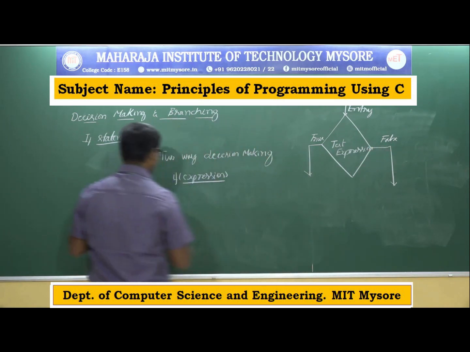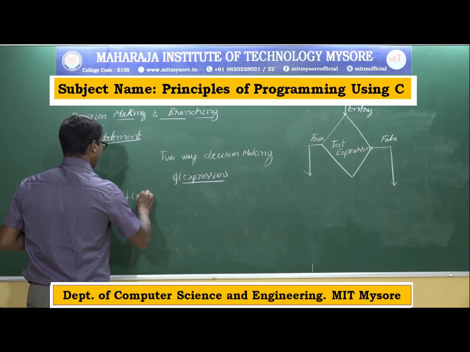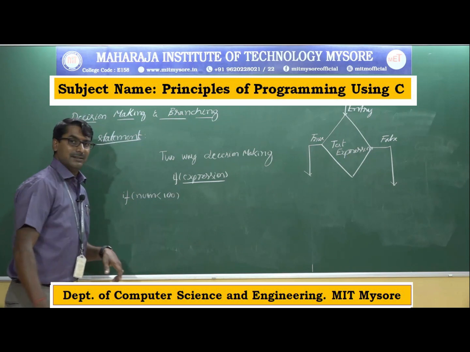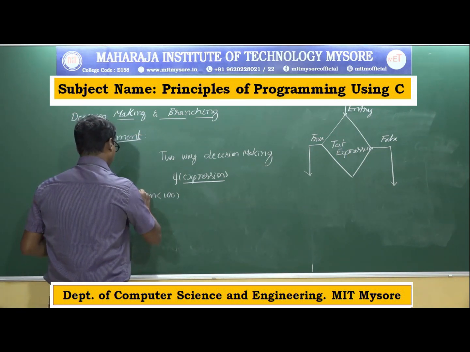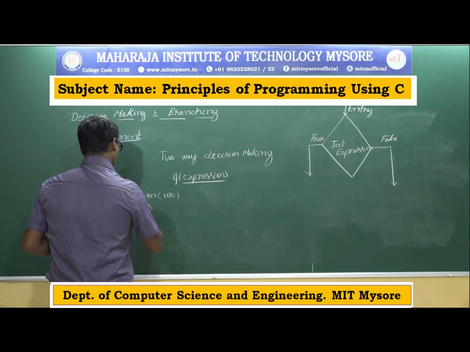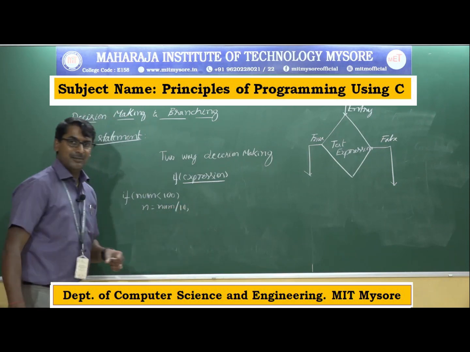Let us consider some examples. If num is less than 100, then num is equal to num divided by 10.